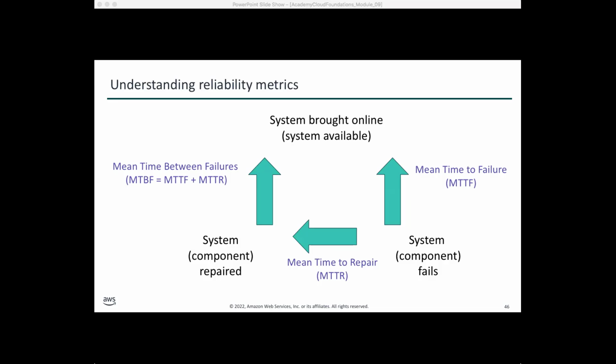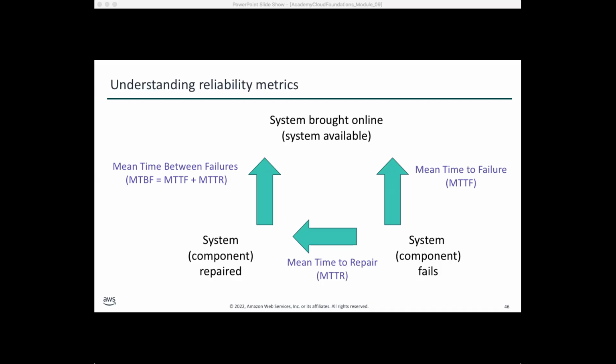And mean time to failure, MTTF, the average time to failure, if it ran for the whole week, is probably 96 hours, or if it was online for the whole day, it is 24 hours.